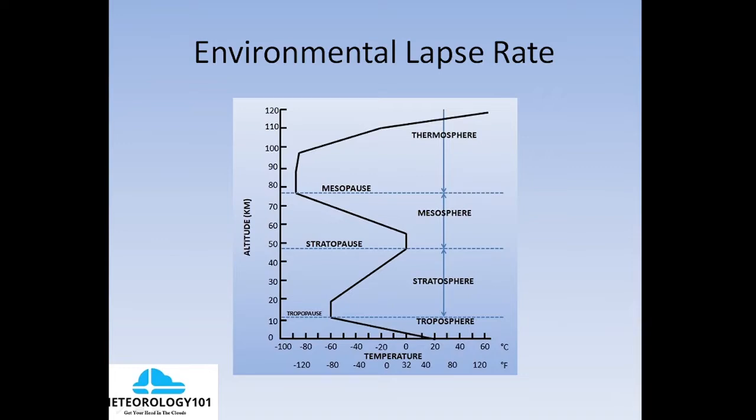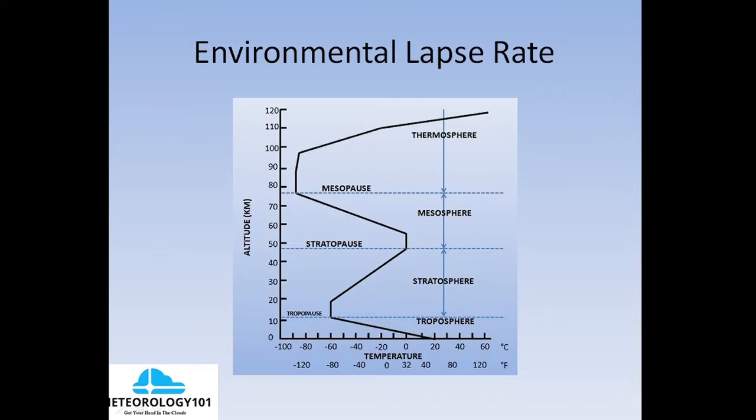All right, environmental lapse rates. This is the typical layers of the atmosphere. Temperature change of the actual atmosphere with height is what the lapse rate is. Buoyancy and stability are determined when we consider the relationship of dry adiabats and moist adiabats with the environmental lapse rate. So the environmental lapse rate, like I said, is typically about 6.5 degrees per 1,000 meters.